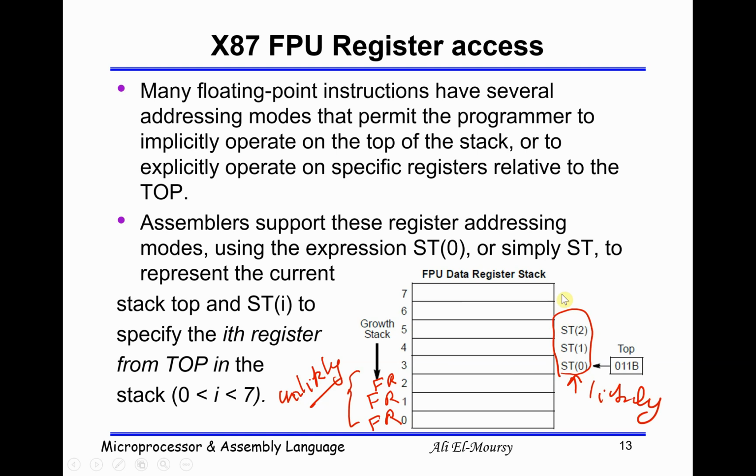However, this is wrapped around. So if I'm at location 3, this example indicates that ST0, ST1, ST2, ST3, ST4 are meaningful names for the operands of your instructions.